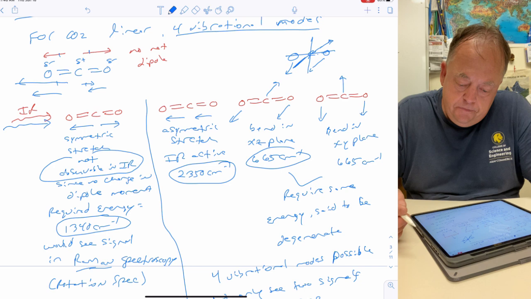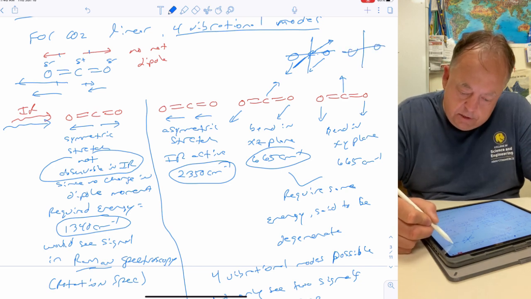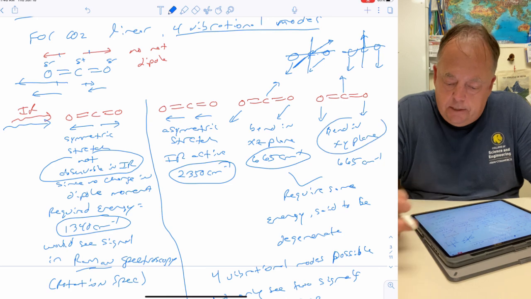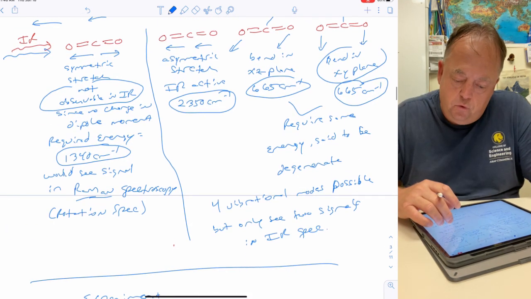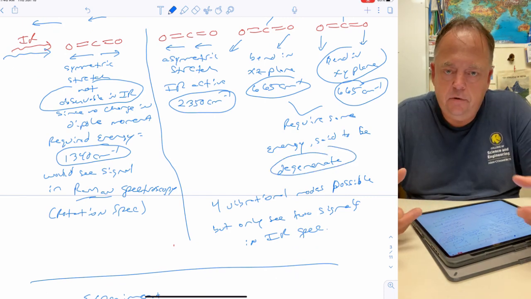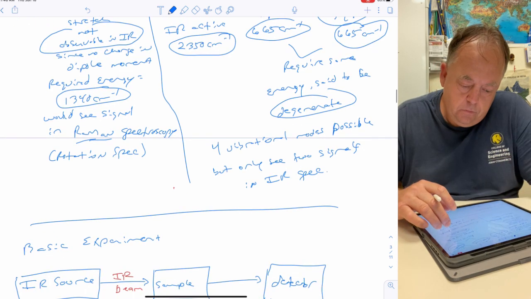Or if you're moving these things in the XY plane, so carbon's going that way and oxygens are going this way, then that's bending in the XY plane, and that is the same energy to cause that bend. So these two are said to be degenerate because they require the same amount of energy for those two vibrational modes to happen.